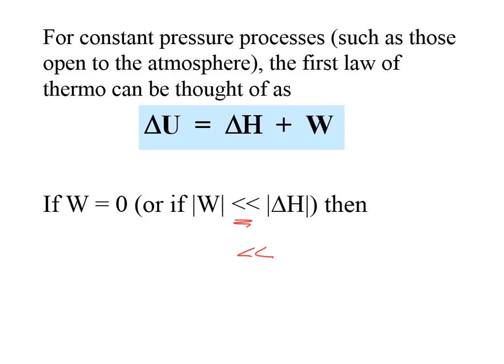If you piggyback two less thans, it means a lot less than. So if the work term is a lot less than the enthalpy term, the delta H, then basically we say that your work term is negligible, so your work term goes to 0. We do that a lot, if no work is done, or if it's pretty small.